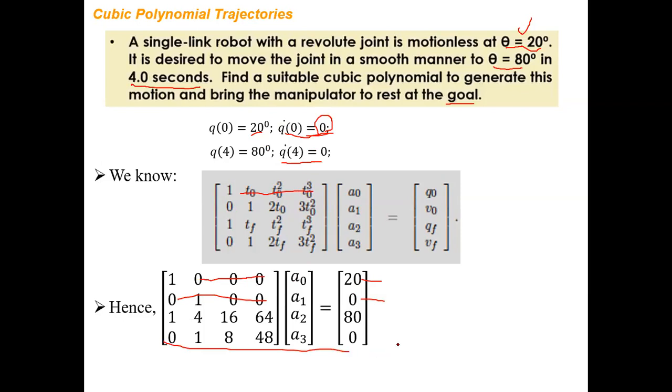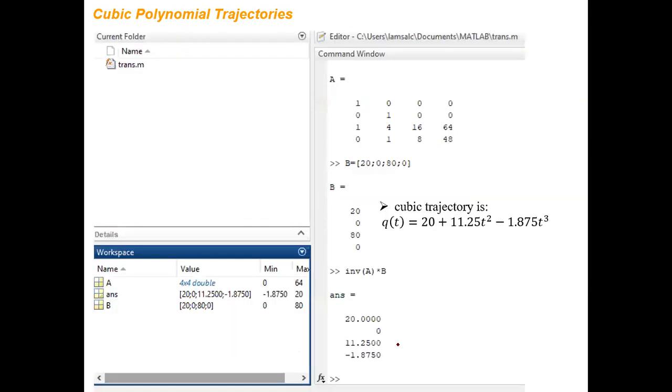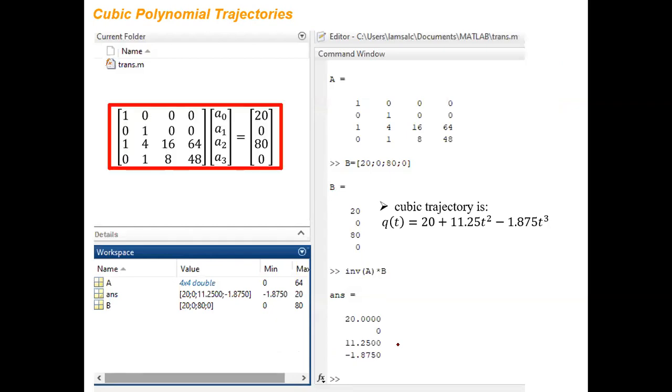Then how do you solve this matrix equation? I did it in MATLAB. I don't know whether you guys are familiar with MATLAB, but my primary language is MATLAB, so most of the time I do everything in MATLAB.